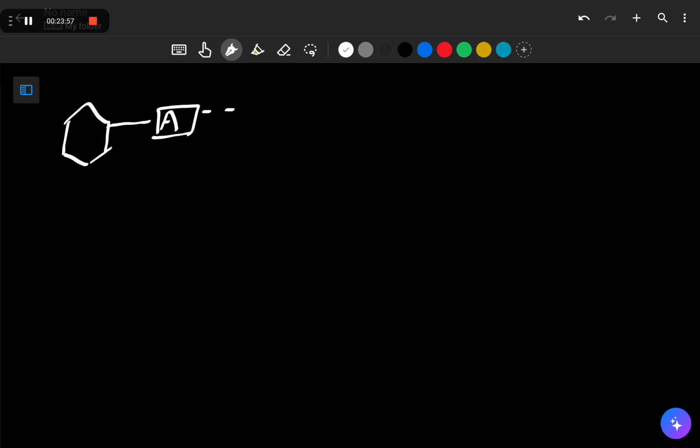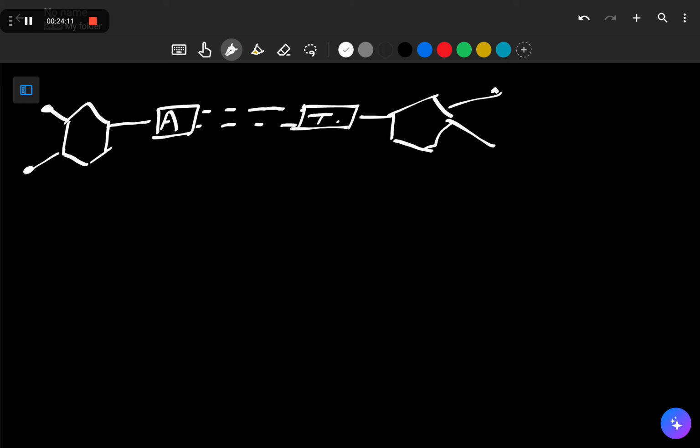Adenine is connected to thymine. And again a sugar, deoxyribose. Here we have got a bond. Got it? And again this bond is connected to the other sugar molecule. Again a bond. It will continue so on.